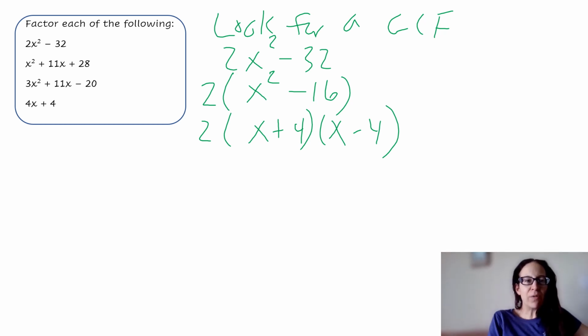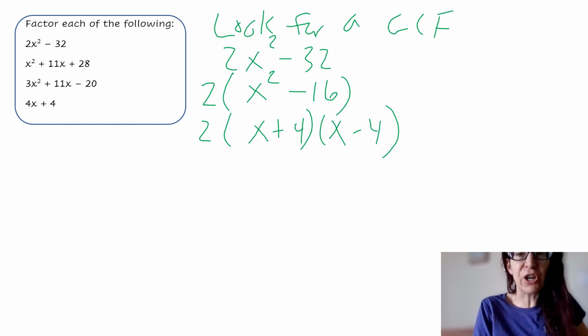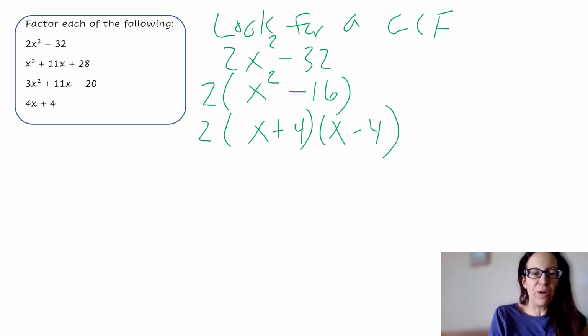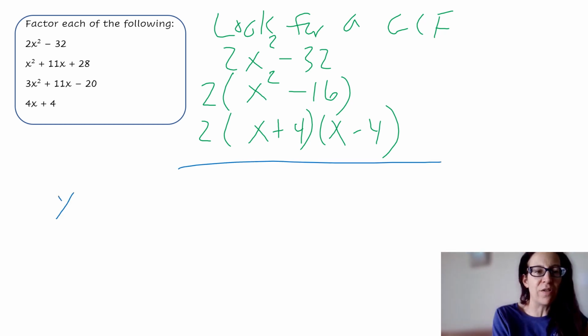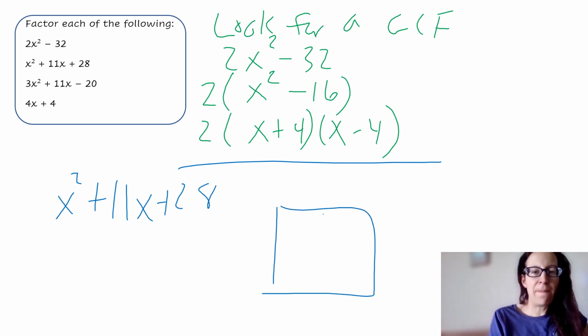The next problem down, x squared plus 11x plus 28, this is a trinomial with a leading coefficient of 1. So this is one of the easier versions, and we will do this using the area model just to be consistent with how we approached it in class. So we set this up. We know that we're going to have x squared in the upper left, and we're going to have 28 in the lower right.